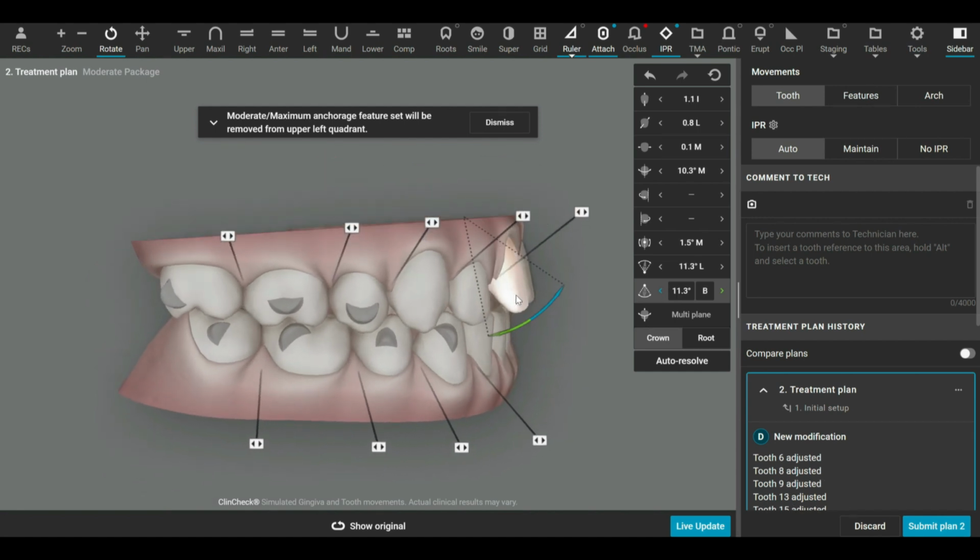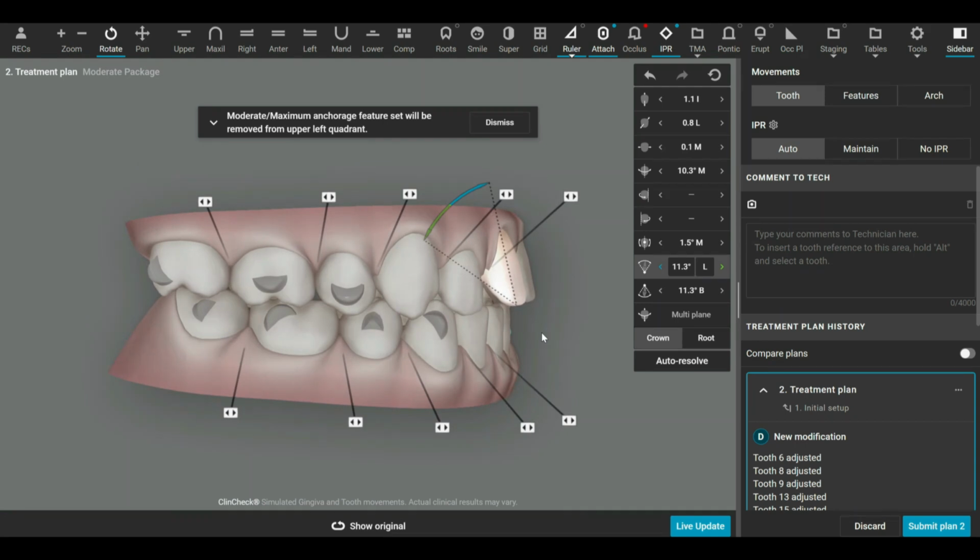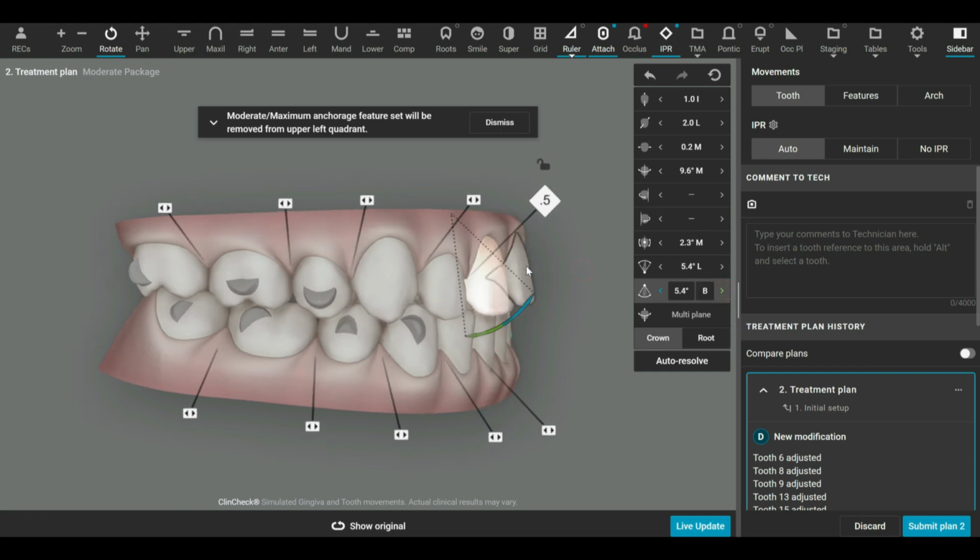Well, your options for correcting that would be either torque, but then you're leaving the incisal edge way out because there's a lot of excess overjet there, or you could go down and use crown tip movement like this. When you use the crown tip movement, you're improving its inclination, you're reducing the flaring, and you're also reducing overjet.